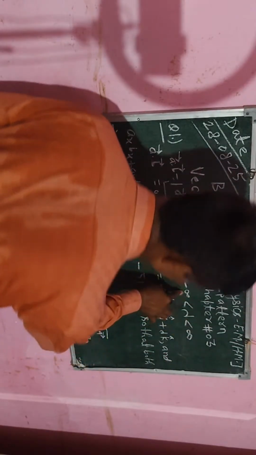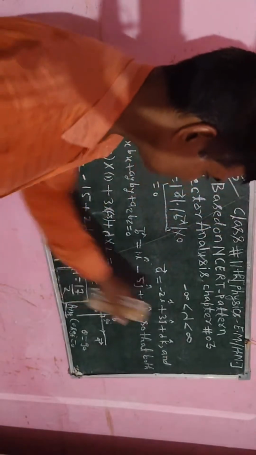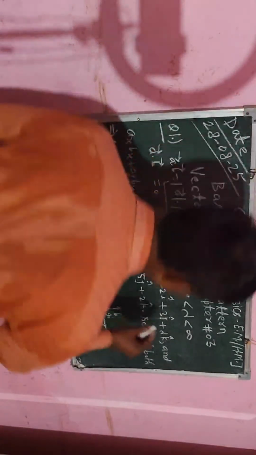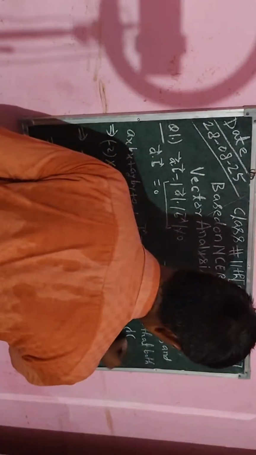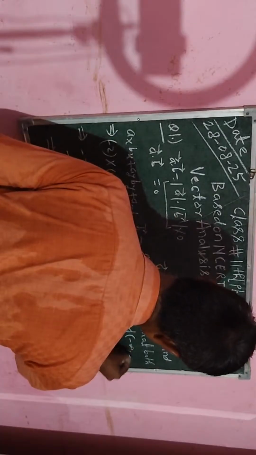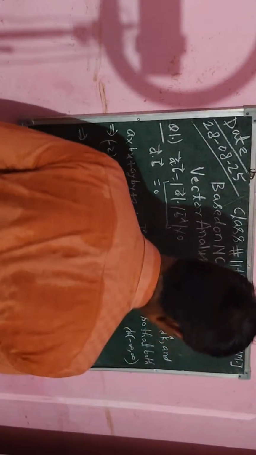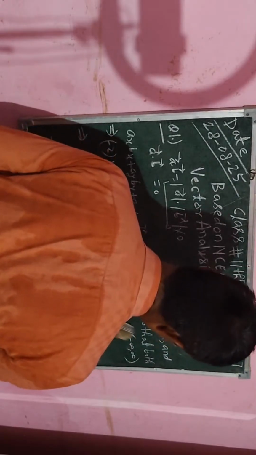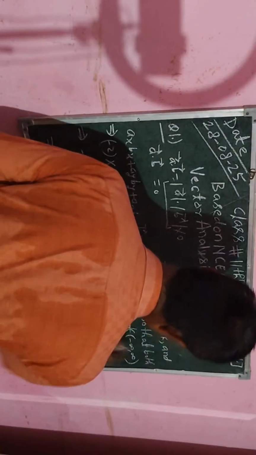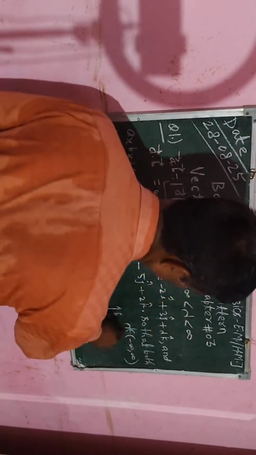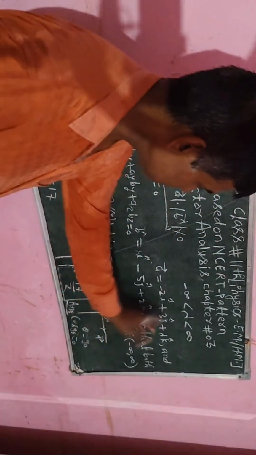Here I will write lambda belongs to minus infinity to plus infinity. Okay, and that information I can write like this.